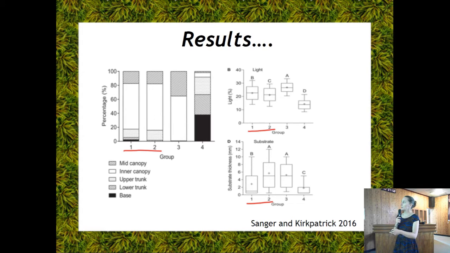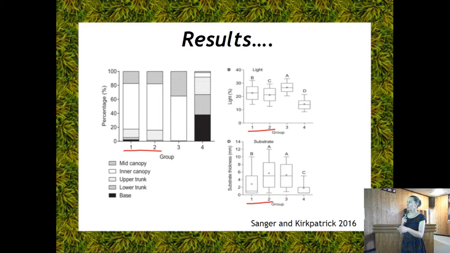On the opposite side, group 3, which was in the more exposed habitats, had a higher level of light. But these two groups, 1 and 2, which are quite similar in terms of their distribution, actually had quite different measured characteristics.